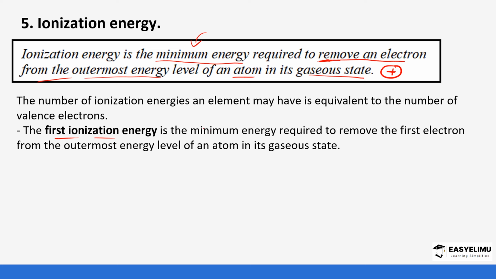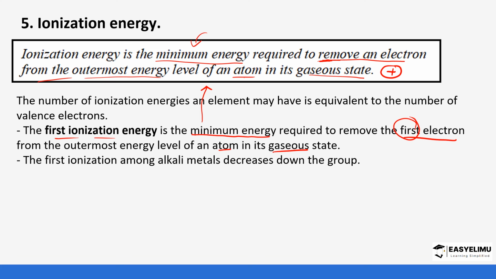So the first ionization energy is the minimum energy required to remove the first electron from the outermost energy level of an atom in gaseous state. We have defined it in the same manner, but in this case, we have used the word first. The key word there is the first electron. So we can go on and say there is a second ionization energy, depending on the number of electrons that are being removed from the outermost shell.